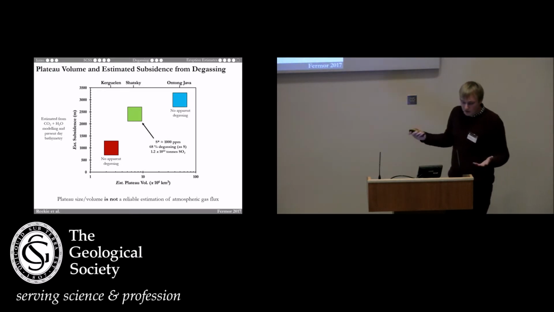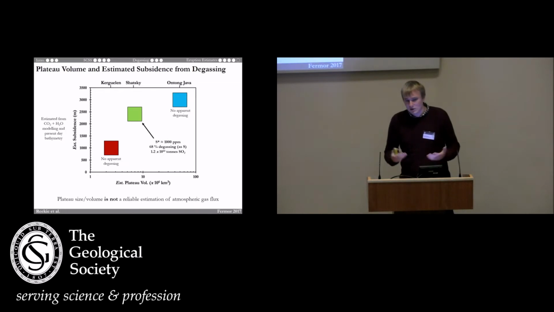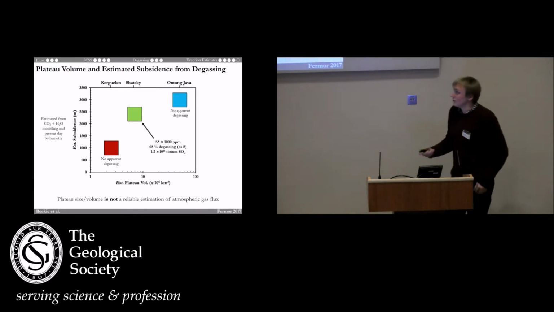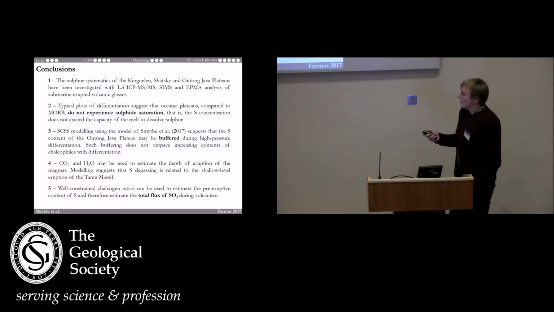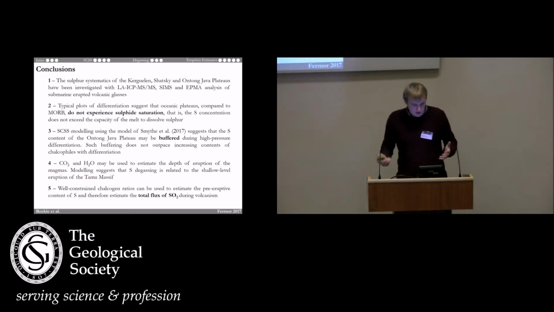And obviously this is important for people who consider things like mass extinctions and atmospheric effects to consider. So that's just my conclusions, but I'll highlight the two main ones.